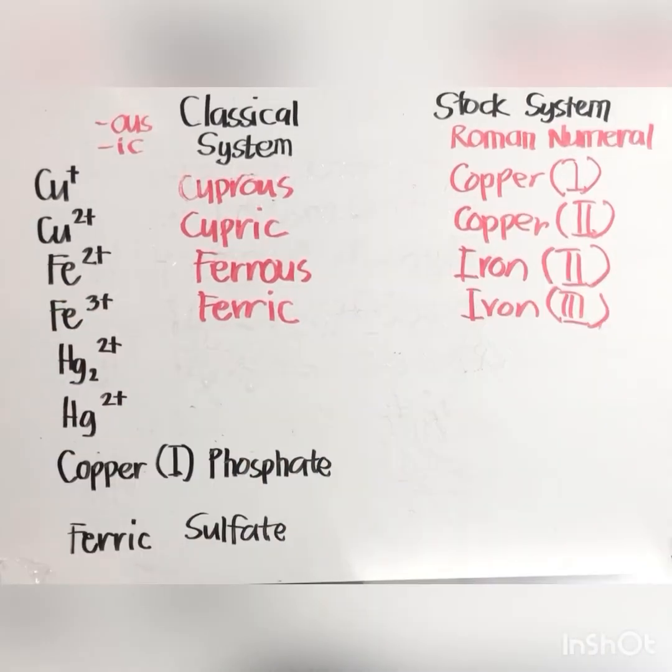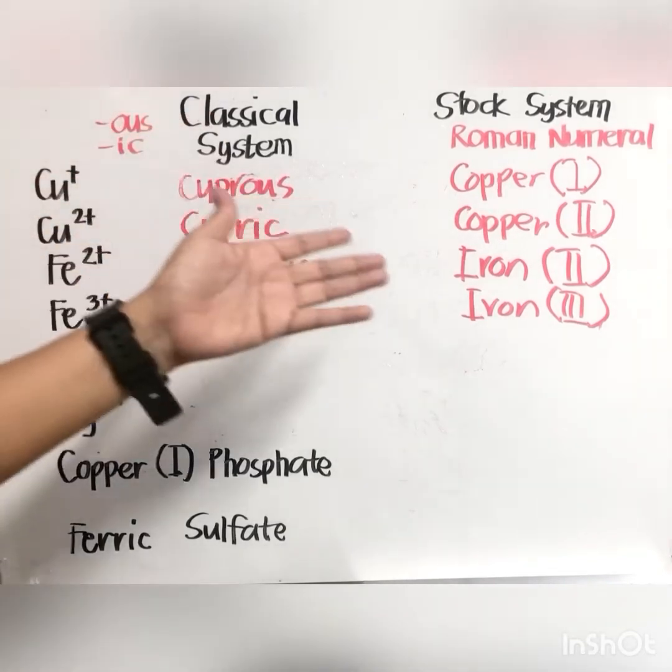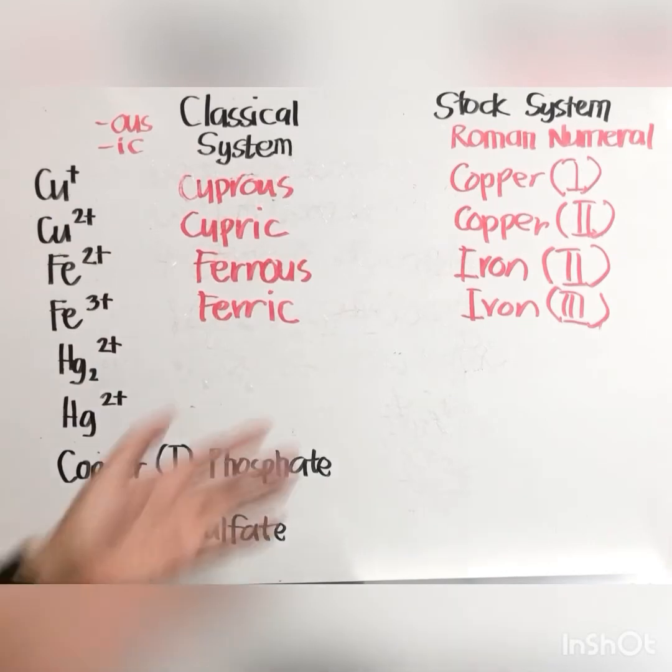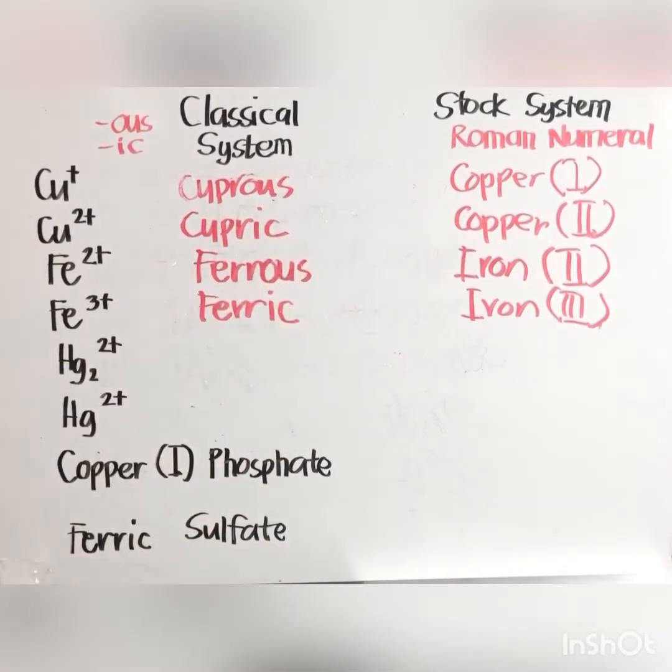Now let's try to have mercury. Not all the time are we actually making use of our Latin name like cuprum and ferrum. This time we're going to make use of the common name only, but it should end with OUS and IC in the classical system, and the same using Roman numerals for the charge in the stock system. So what do you have here?